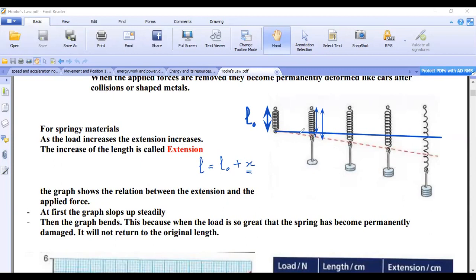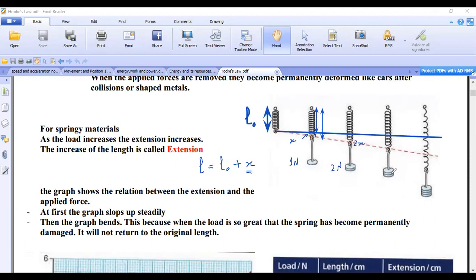Okay, what happens if we add another load? We double the load. If this load is 1 Newton, here we double the load. Let it be 2 Newton. You will find that the extension will increase, but here it will increase by double. If the extension here was x, the extension here will be 2x.